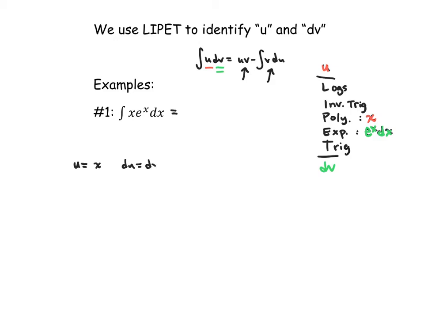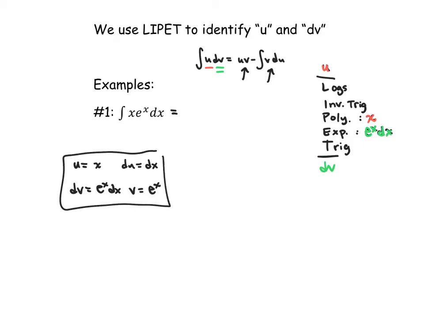Du will equal dx. If I know that dv is e to the x dx, then integrating dv gives me v, so I get e to the x. So I now have u, dv, du, and v, and I can construct the rest of this integral.